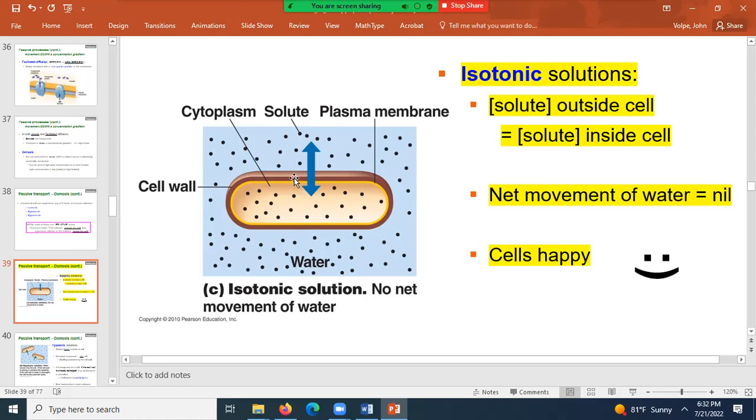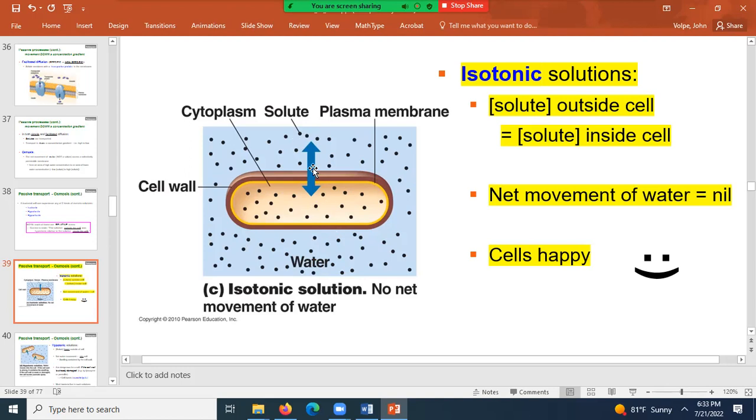So for every water molecule moving into the cell, there will be an equal water molecule moving outside the cell. But the concept is there's no net movement of water either into or out of the cell when the solution is isotonic. The cells are happy when they're in isotonic solution because their cells are not either gaining water or losing water.